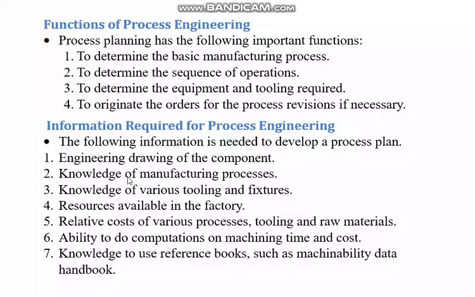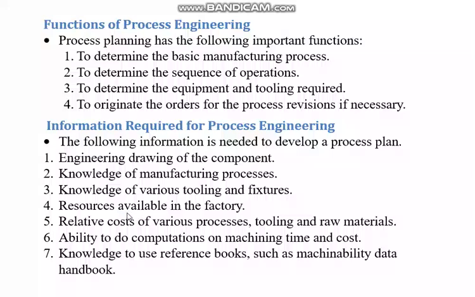You have to have the knowledge of various tools and fixtures also, different tools and different jigs, fixtures. As a process engineer you need to have knowledge of those things.